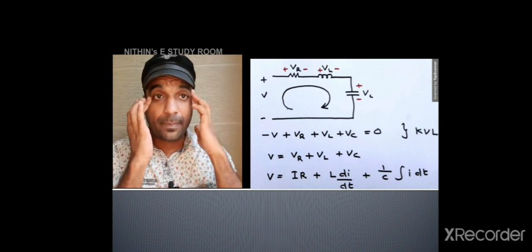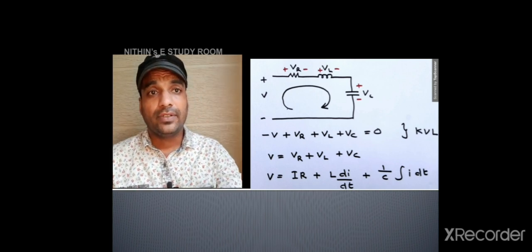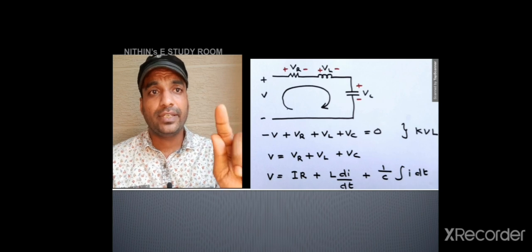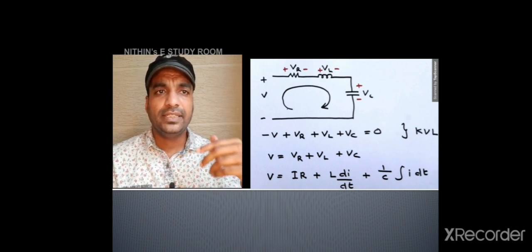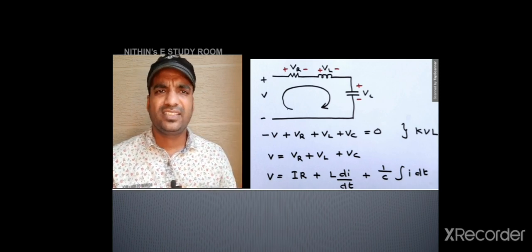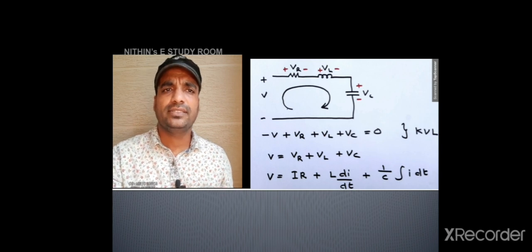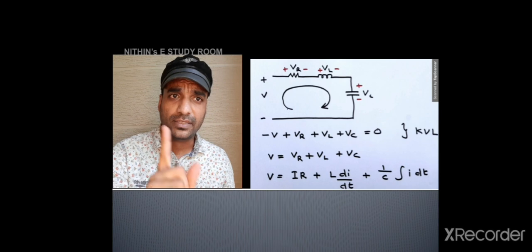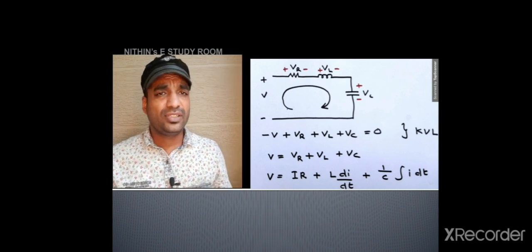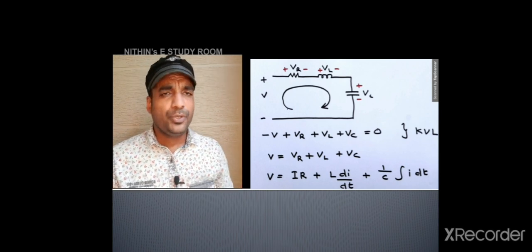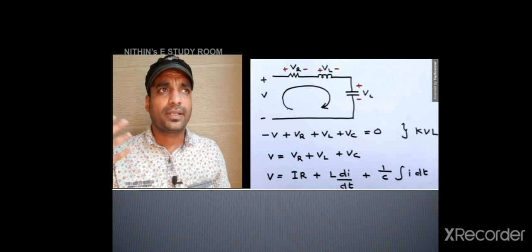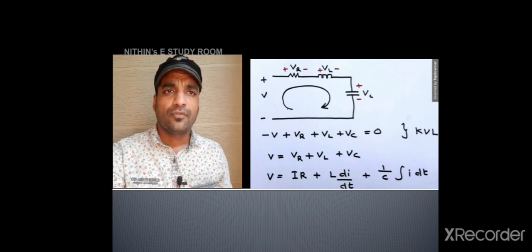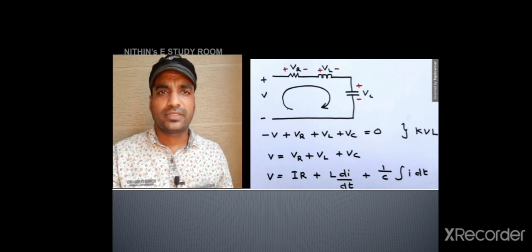And if we apply KVL, that will give minus V plus VR plus VL plus VC is equal to 0. So you will get the input voltage V is equal to the sum of the three dropped voltages VR plus VL plus VC.